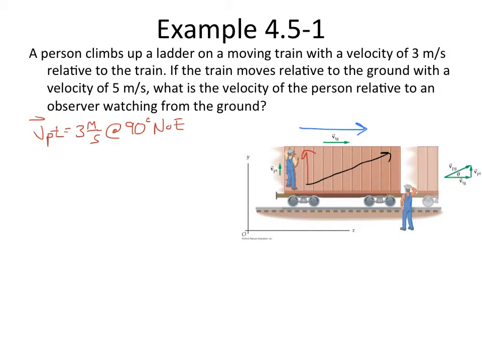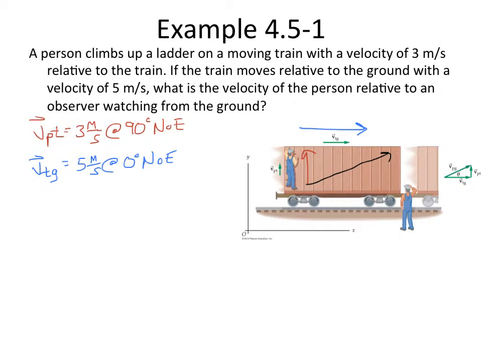And the train itself, I did that one in blue. The velocity of the train to the ground is 5 meters per second at 0 degrees north of east, because the train is moving due east right there.